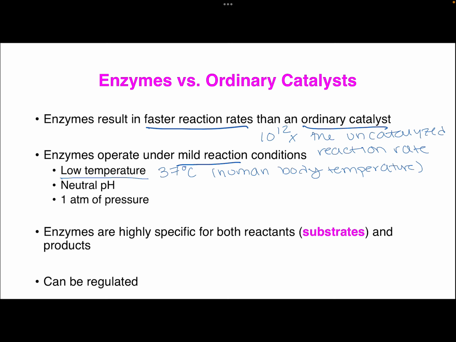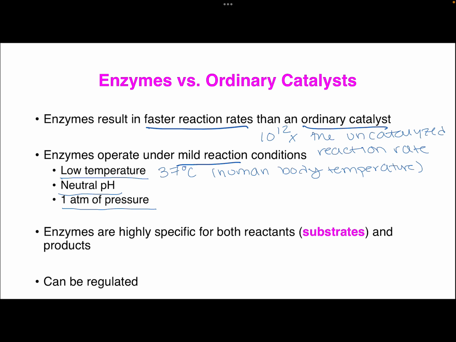So we're at a pretty low temperature. We're at near neutral pH. We don't need to add any strong acids or strong bases for this to happen. And we are at 1 atmosphere of pressure. So we're not getting really compressed by high pressure when these reactions are happening. So they're able to achieve these huge changes in reaction rate under pretty normal conditions.